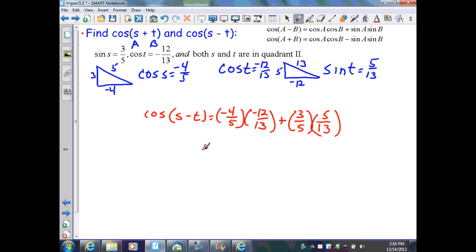Let's simplify. Negative 4 times negative 12 is a positive 48, over 5 times 13, which is 65, plus 3 times 5 is 15, over 65. I need to find their sum, which is going to give me 63 over 65.